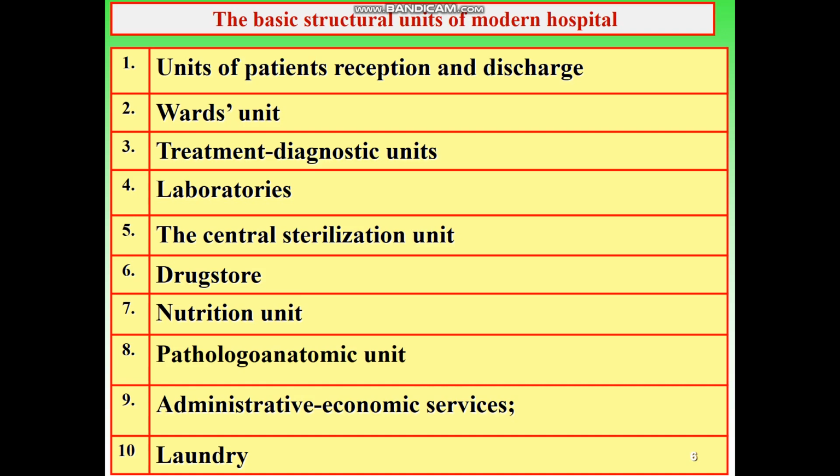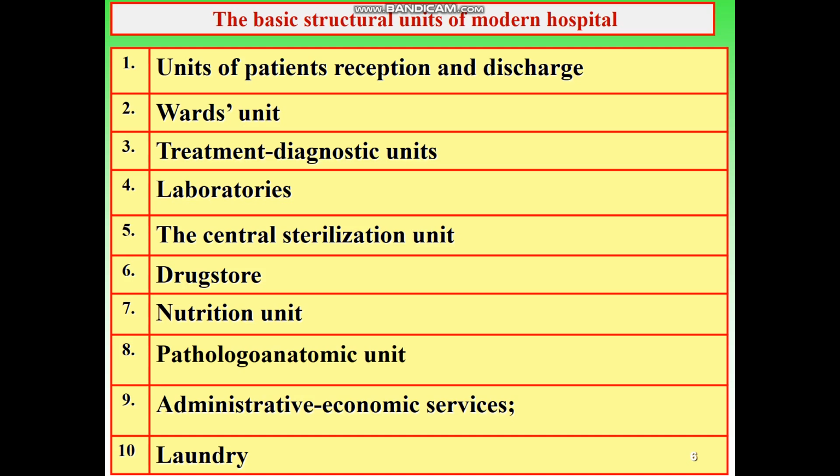Area for the hospital. There should be sufficient area for all buildings in the plan. The size of the area depends on the type of hospital planning, the number of beds in the hospital, and the profile of the hospital. The area of the hospital must have minimum sound pollution, good transportation routes, good water supply and drainage, and be away from factories.